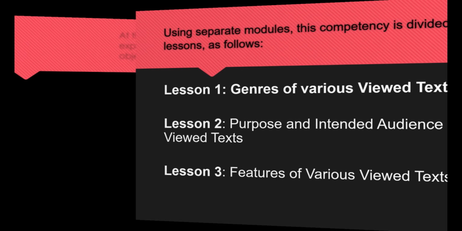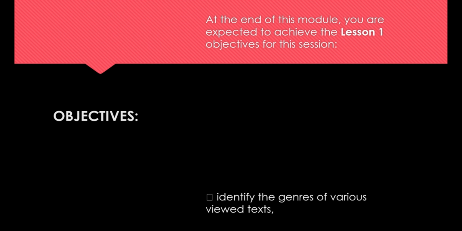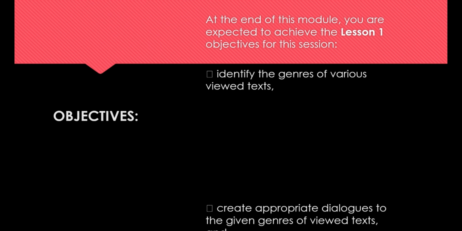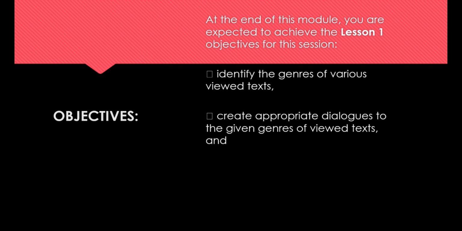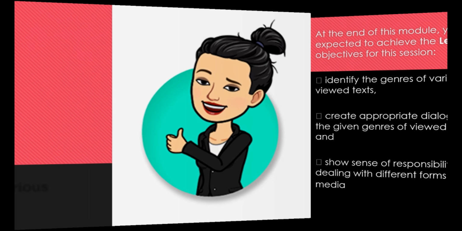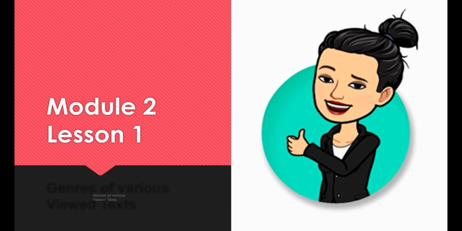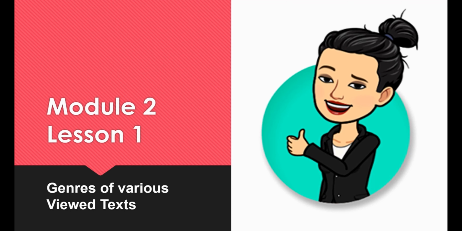So our goals at the end of this clip is that you will be able to identify the genres of various view text, create appropriate dialogues to the given genres of the view text, and show responsibility in dealing with different forms of media. So with that, let's talk about Module 2, Lesson 1, Genres of Various View Text.